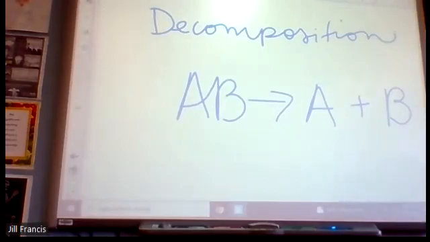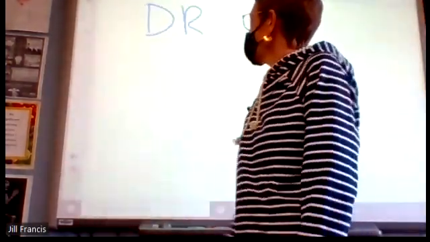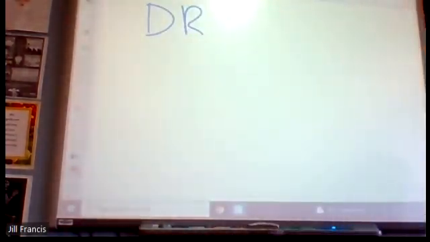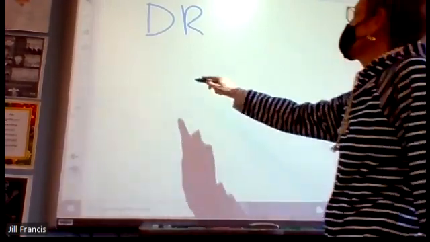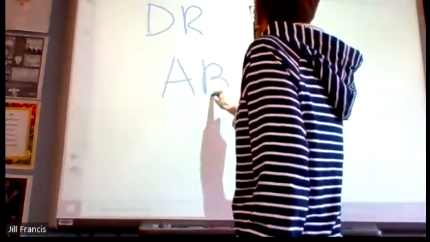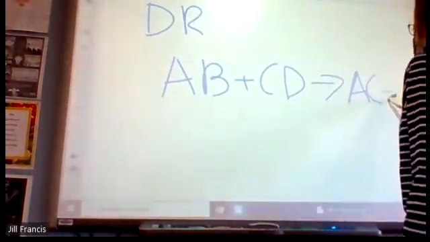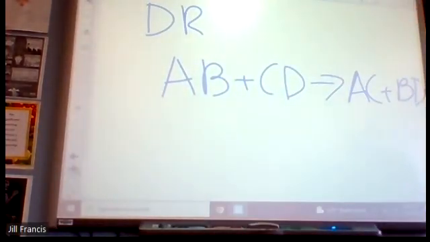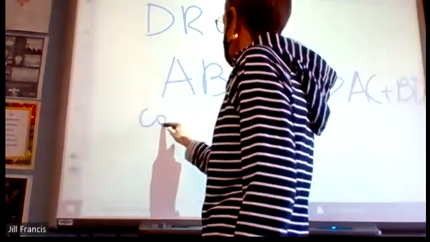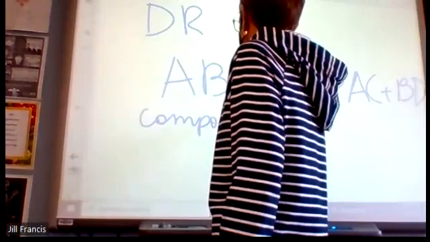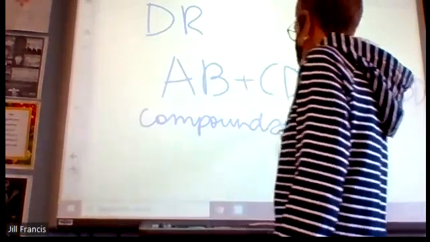Then we get into the ones that are a little more confusing. Double replacement. Okay, so when we look at double replacement, the generic equation we usually give you is this. But then it's like, okay, well, what does that mean? So if we translate this into chemistry words, these are all compounds.